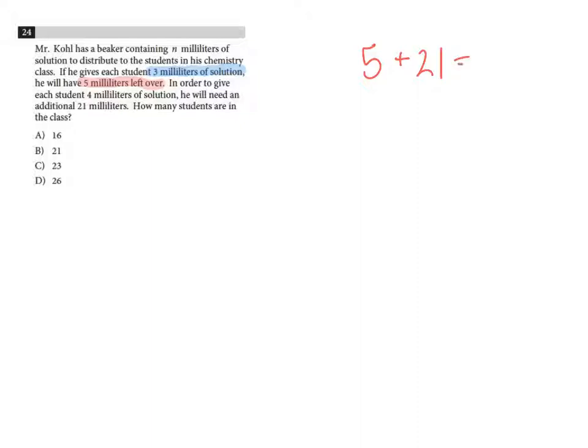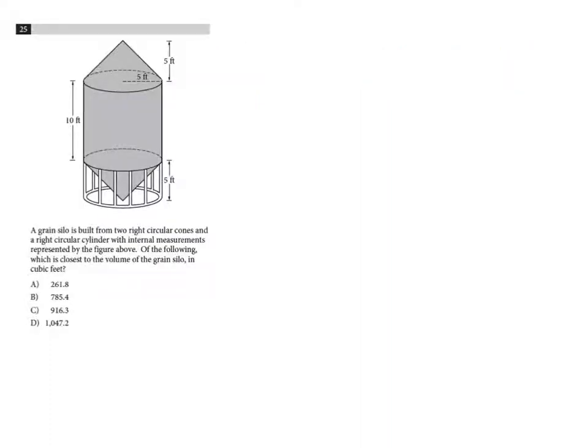Well, that means that he would be distributing 26 additional milliliters among his students, and if each one got an extra milliliter, then there must be 26 students.